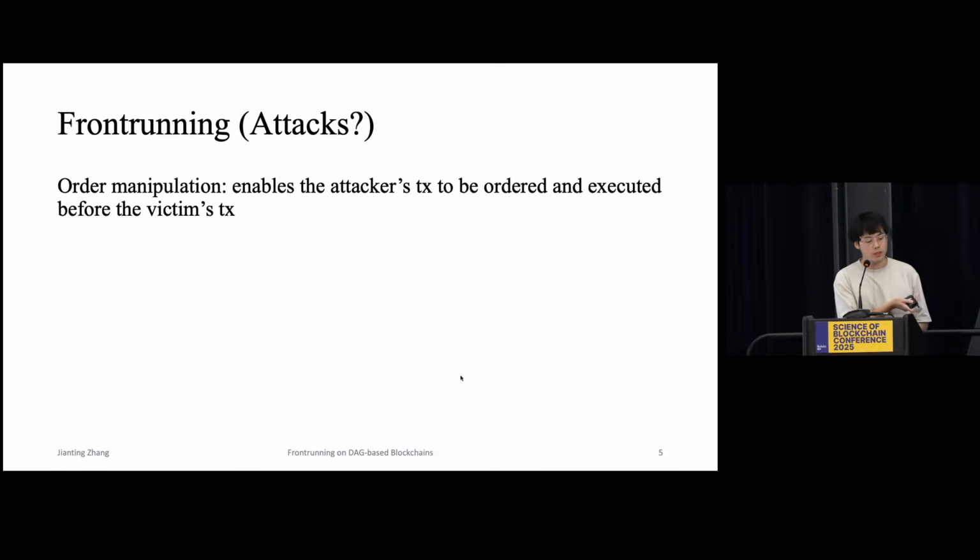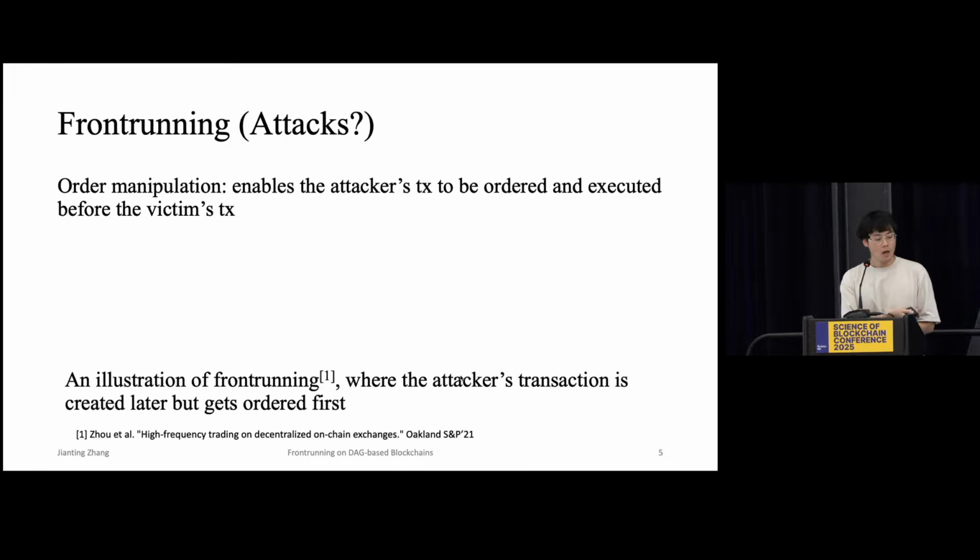Before that, let's revisit another commonplace concept: front-running, sometimes called front-running attacks. Front-running is a class of order manipulation that enables the adversary to make his transaction ordered and executed before the victim's transaction, even though the attacking transaction was created later. Here is a simple example to show how front-running works.